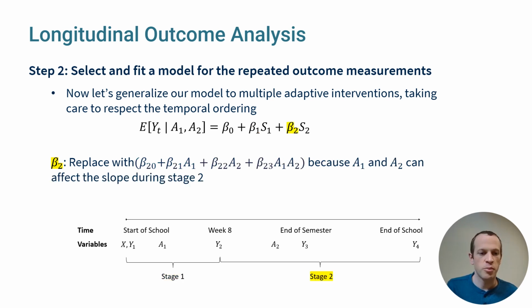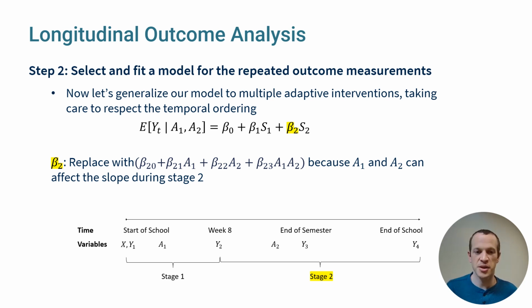All right, now let's think about beta 2. So for beta 2, at this point, A2 has already occurred. So every adaptive intervention is kind of on its own now. The expected school performance is likely to be different within each one. So for that reason, we need to allow the slope here, beta 2, to depend on both A1 and A2. So we'll replace beta 2 by these 4 terms. And you can see now this has the same structure as the models we've seen previously, right?